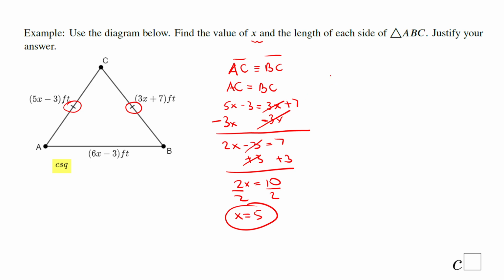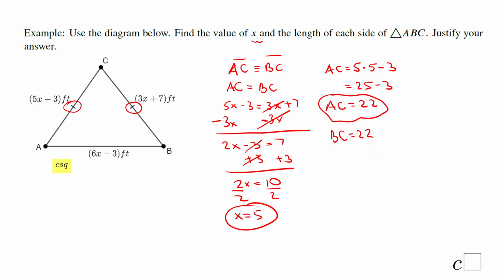So let's start with AC, which is 5x minus 3. That means 5 times 5 minus 3. That will be 25 minus 3, that will be 22 feet. You can do the same thing for BC, or you can simply say BC is 22 because these two sides are congruent. We have an isosceles triangle.